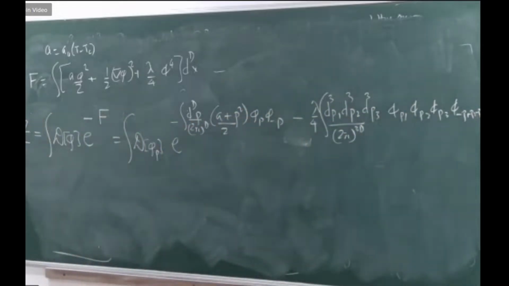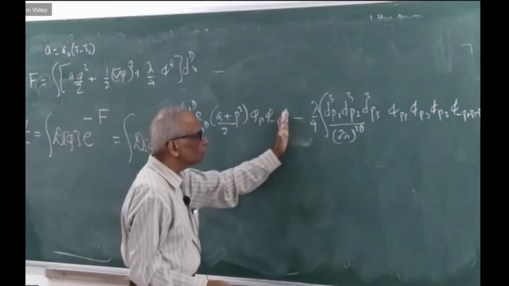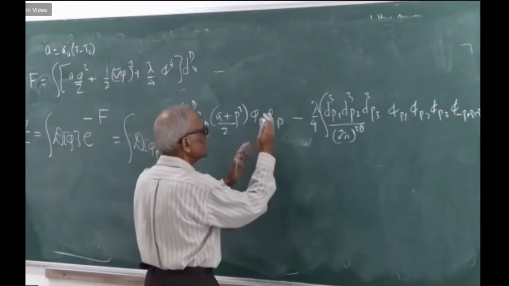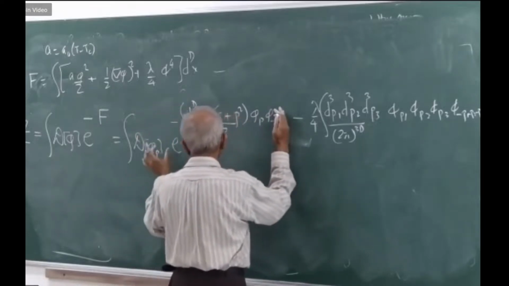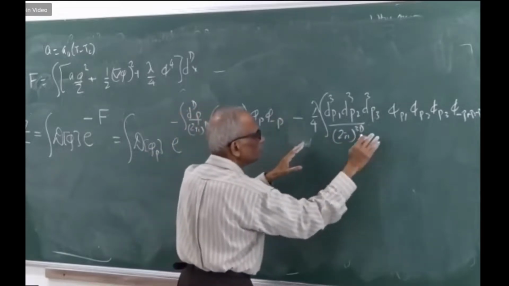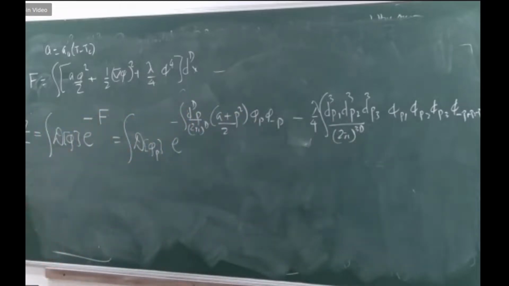So that's what the partition function looks like. This is a partition function which I know how to do with a string of phi's here, and therefore if I expand this, perturbation theory simply does not work.